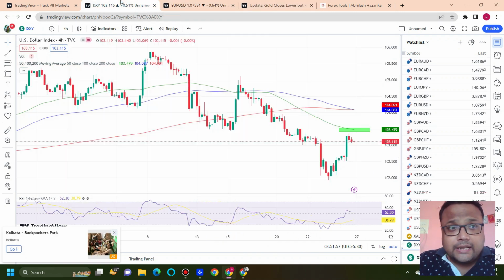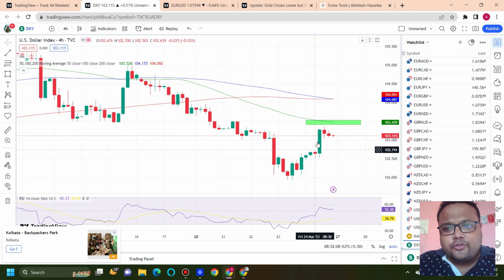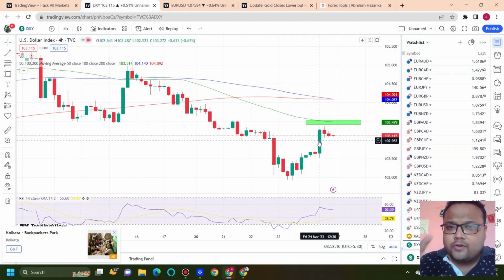So at first, let's discuss DXY. So DXY, after making a low of 101.93, showed good recovery. DXY closed at 103.11. So overall, the sentiment on DXY has reversed, and right now the US dollar seems to be on recovery mode.